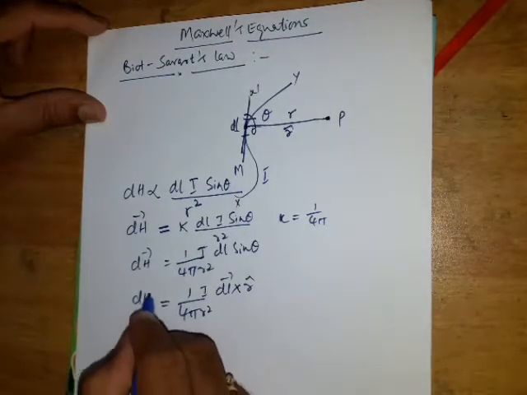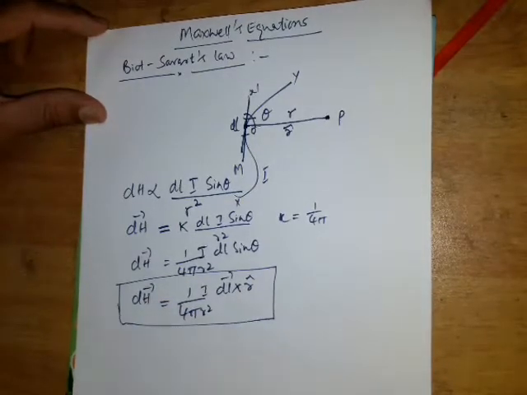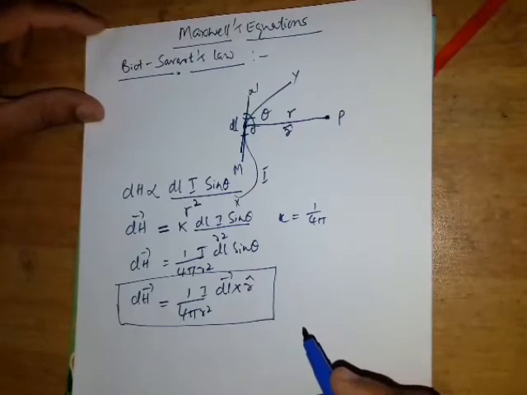So this is dH vector. This is known as Biot-Savart's law.